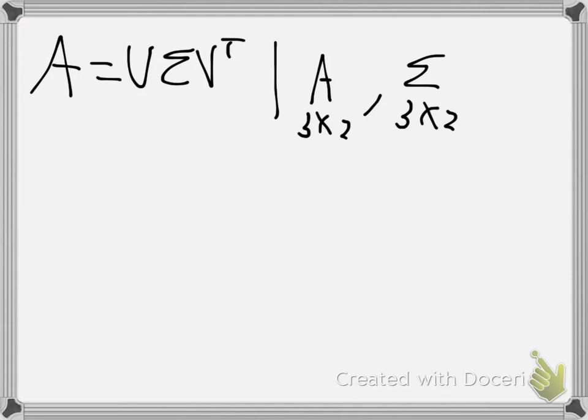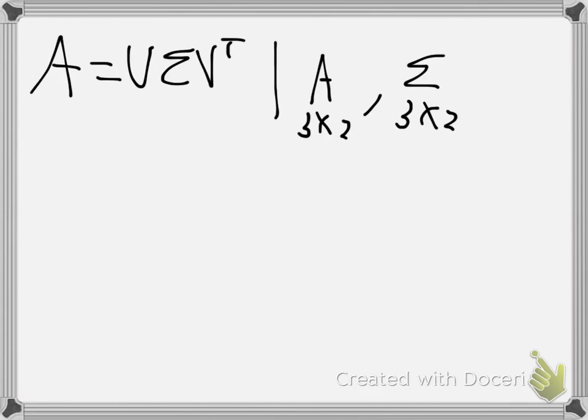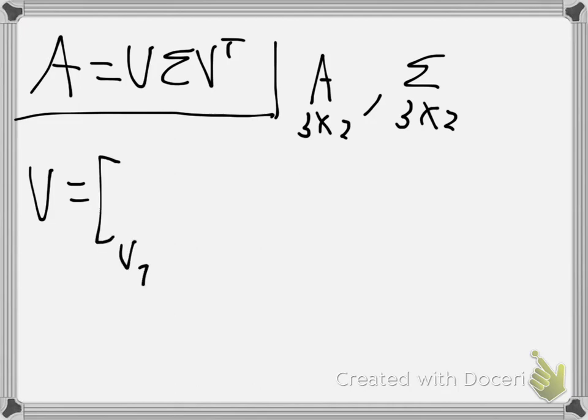So we have 3 rows for sigma, and then we need to multiply it with U. So U should have 3 columns, so we need a third vector. Otherwise we can't multiply sigma with U.